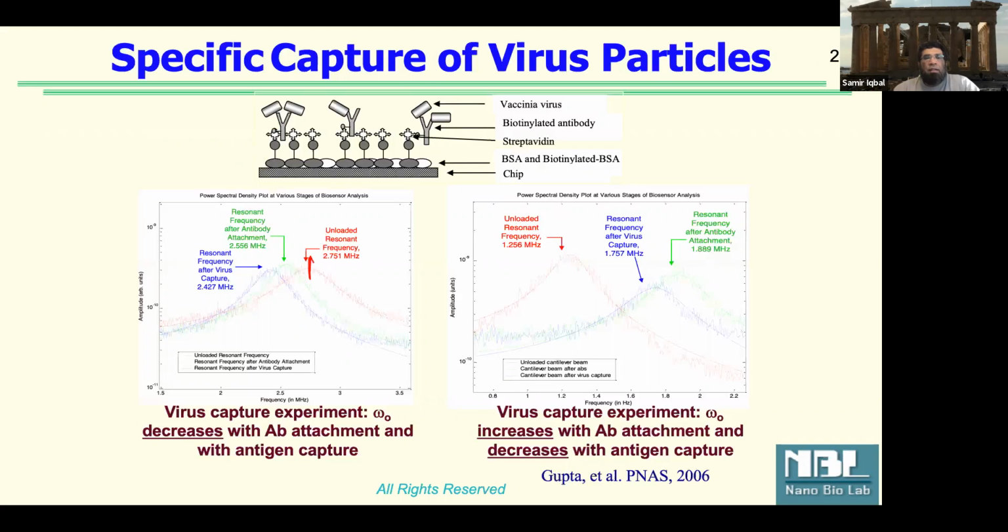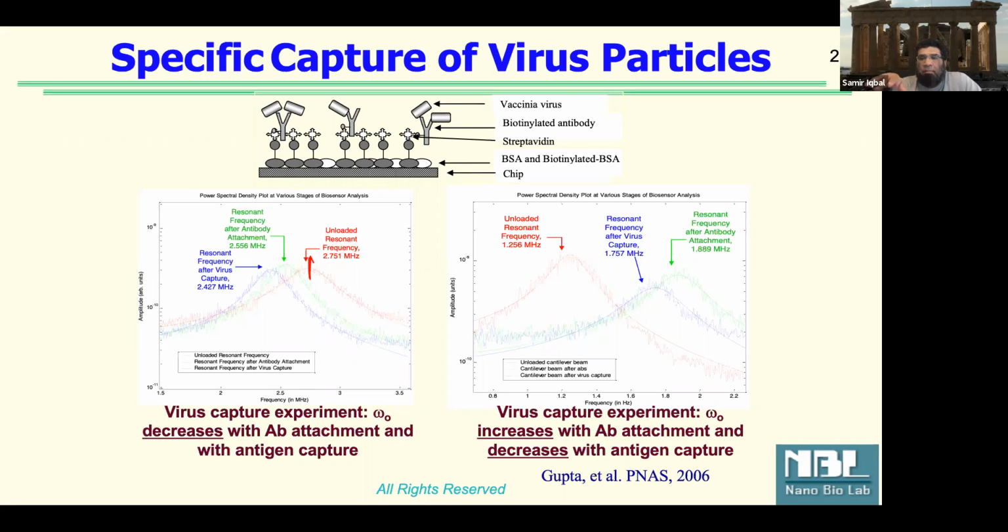So here, the surface is coated with specific antibodies, and when the antigens are captured, there is a change in the amplitude. They are looking at amplitude here in absolute units. So the y-axis is the amplitude of the movement of the cantilevers again.